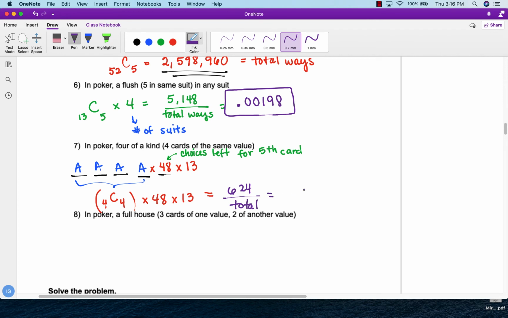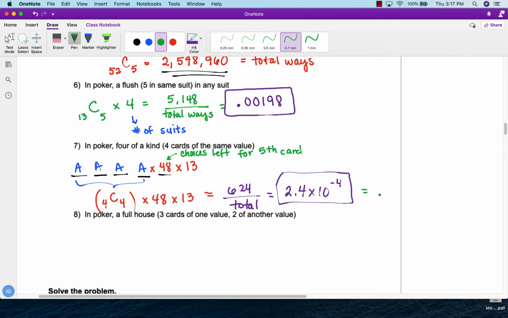And we're going to get a tiny little decimal that when you type it in your calculator, it's going to say times 10 to the something negative. Now it's basically going to be this 2.4 times 10 to the negative 4th. This is written in scientific notation, which means you can write it like this, I don't care. Which means you're going to move the decimal 4 times to your left.